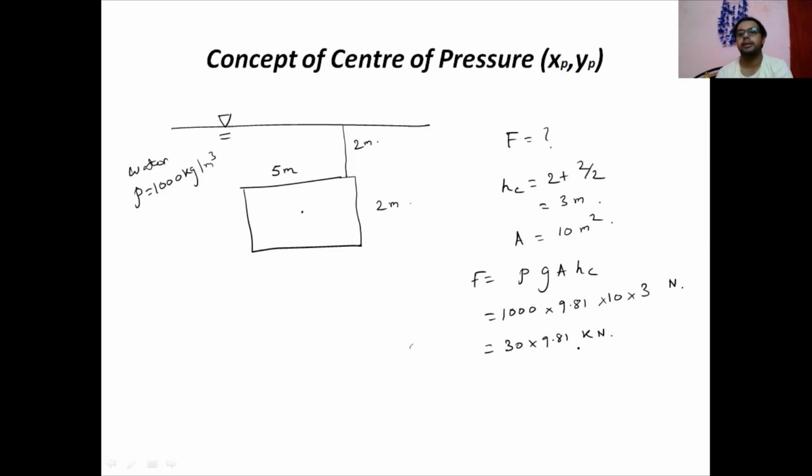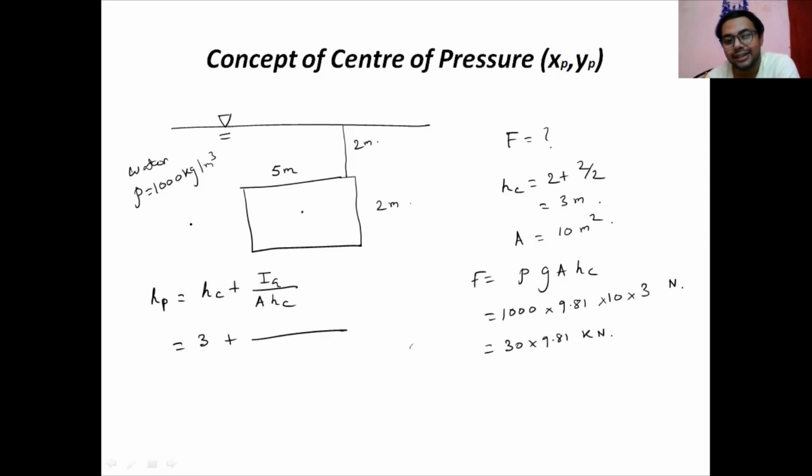What is the location of the force? It is a vertical plate. So if you are going to find out the location, the formula is HP, height of the pressure, equal to HC plus IG by A HC. HC you know is 3. What about the IG?